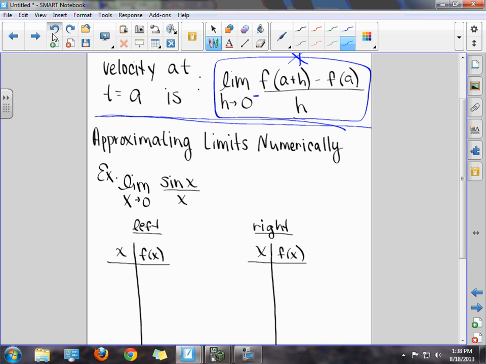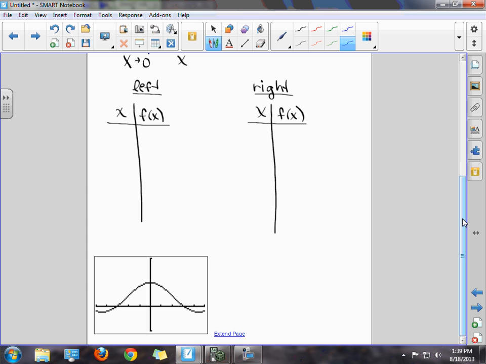When we're coming from the right, we use notation like this with a little plus. And this would be a limit from the right. And when there's no notation there, then we're looking at the limit from both sides. If those are not equal, then the limit doesn't exist. But we'll talk about that in just a minute.